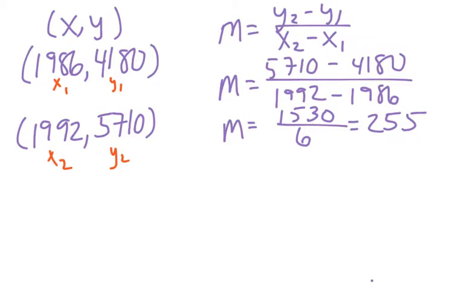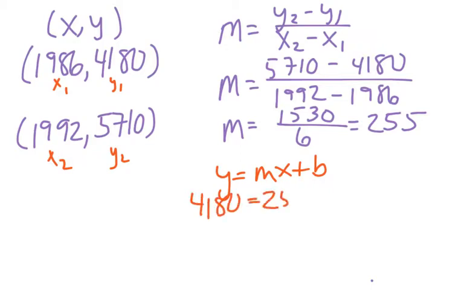Now we need that y-intercept, and we can pick either of those points. So we can go ahead and we'll do, I don't think it matters, but we'll do the 4,180 equals 255 times 1986 plus b, and we can solve it from there.